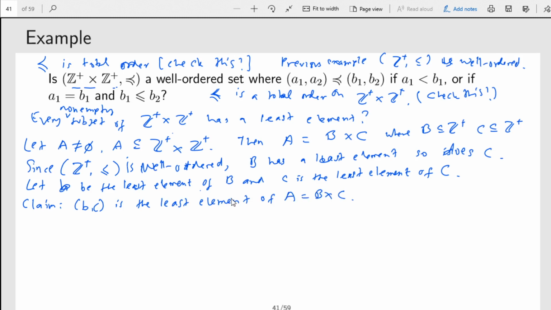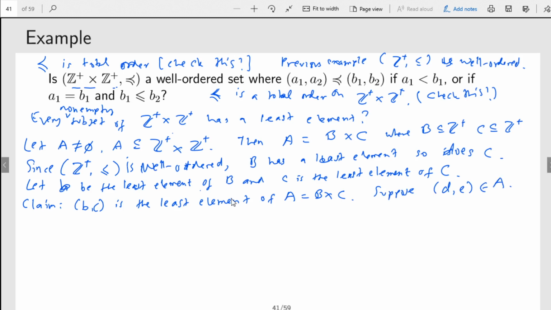To check that, of course we want to check that b, c is less than or equal to any other pair in A. So suppose you have a pair, say d, e, in A.